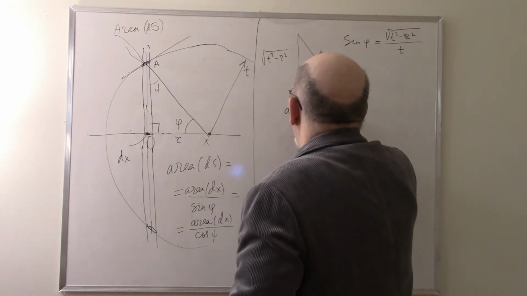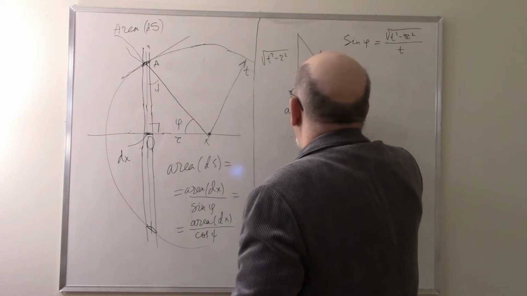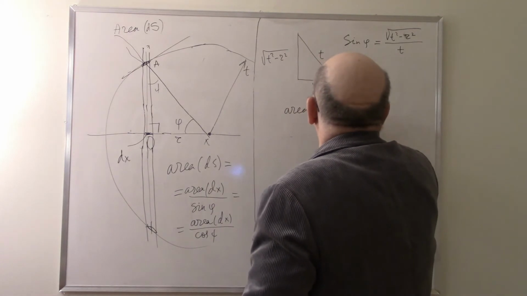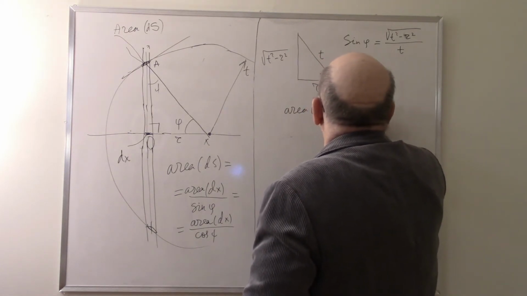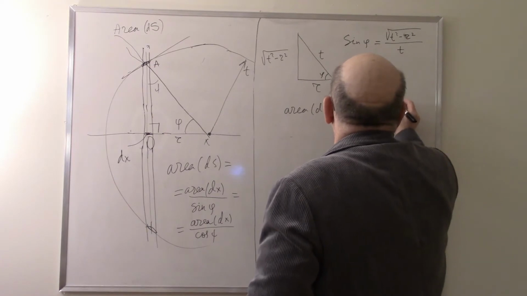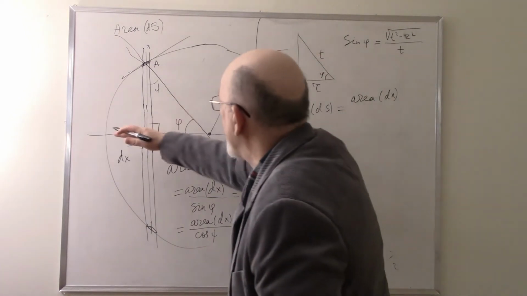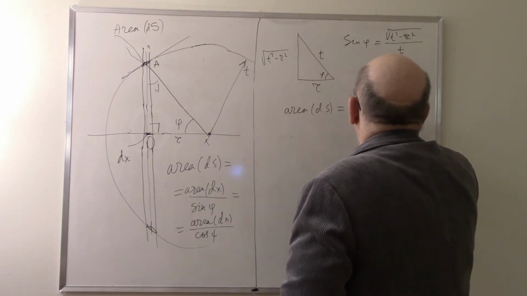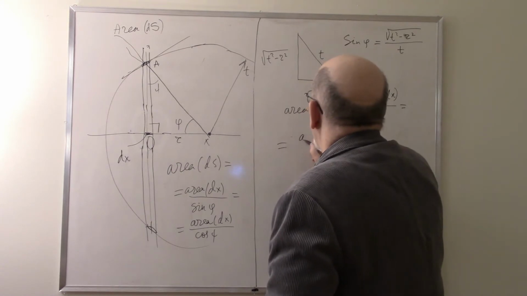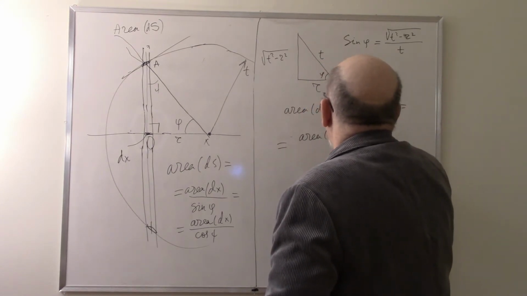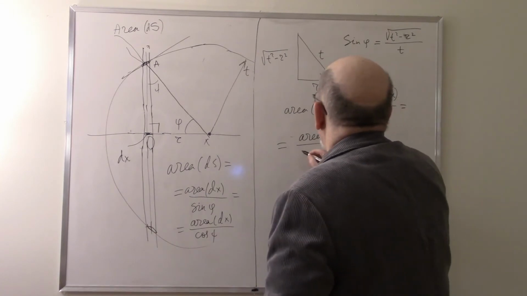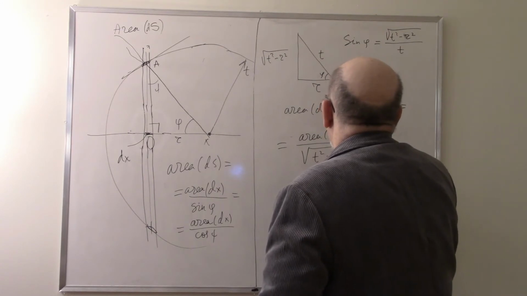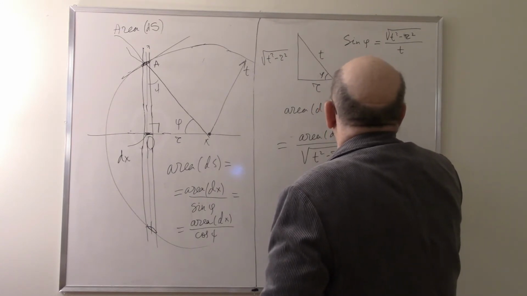So the area of ds in this cross section equals the area of dx, its projection on the horizontal plane, divided by sine phi, equals area of dx divided by the square root of t square minus r square, multiplied by t.